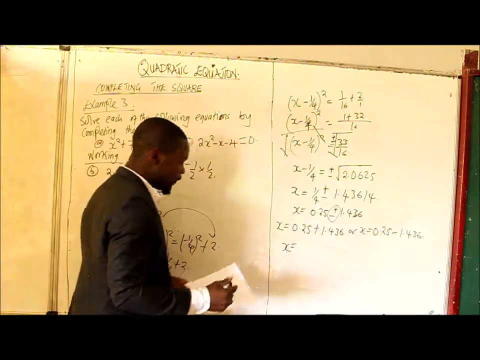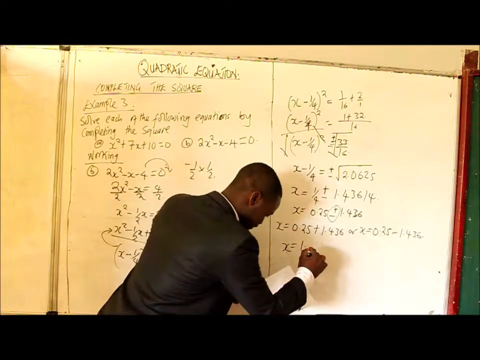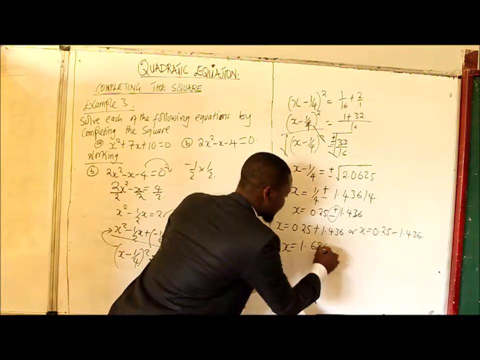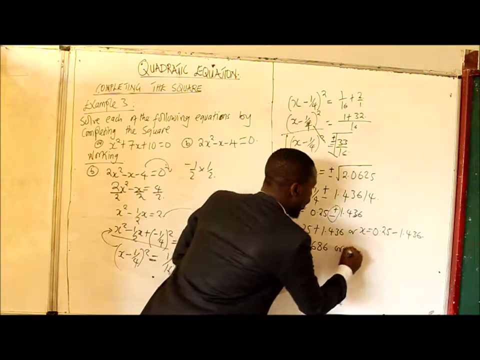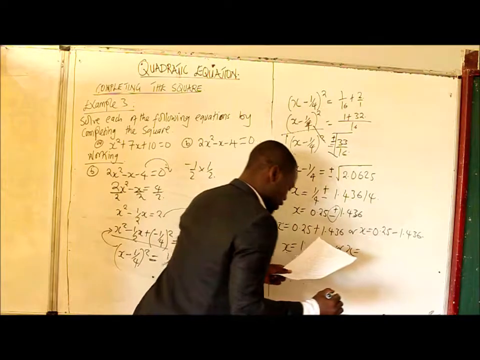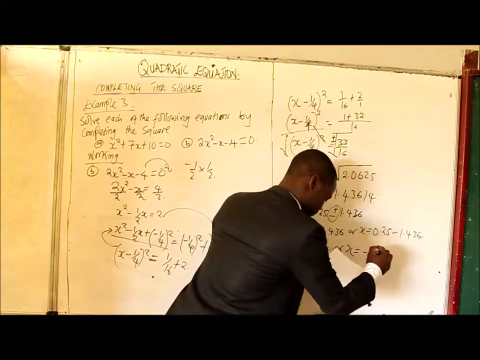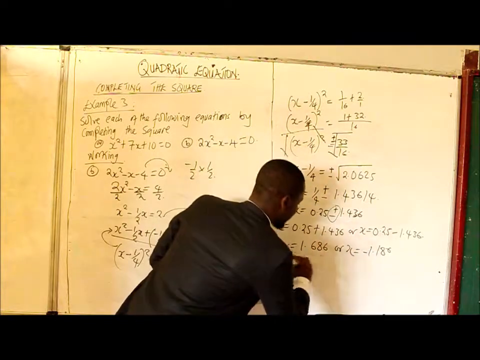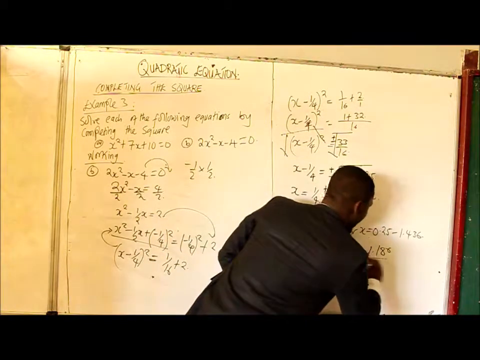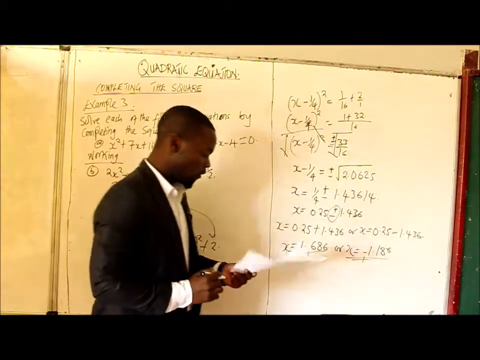We are going to have x equal to 1.686, correct to 3 decimal places, or x is equal to negative 1.186, correct to 3 decimal places. So this is our answer. So this is the value of x.